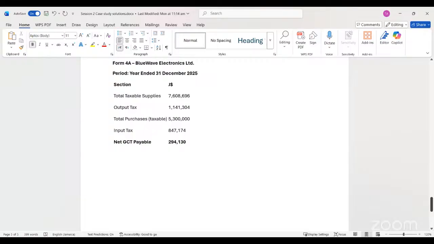If the sales is 8 million, the output would be the 15% on the 8 million, assuming there's no exempt or zero-rated. That's how we do that first, right? If there is exempt or zero rating, we back out those first, and then it will be the 15% on that amount, right? So it would be on the sales figure.